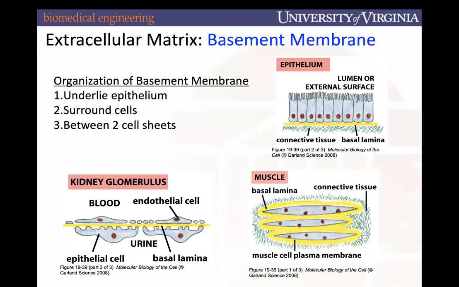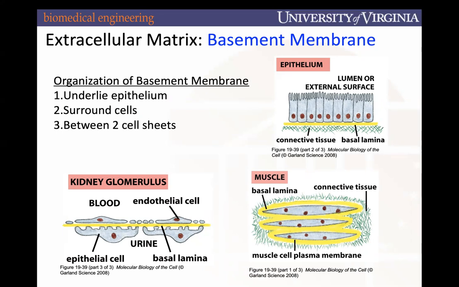So we're first going to take a deeper dive looking at the basement membrane a little bit. As I repeated before, the basement membrane is a version of the ECM that underlies sheets of cells. One common sheet of cells that it typically lies underneath is our epithelium. Many of our mucosal layers throughout our body have an epithelium surface that underneath it has a basement membrane.